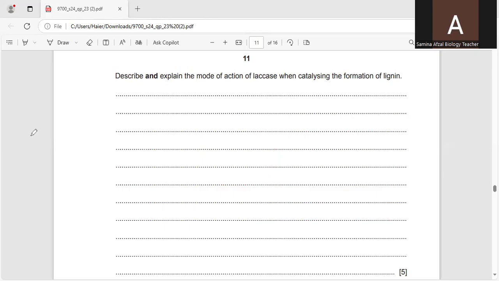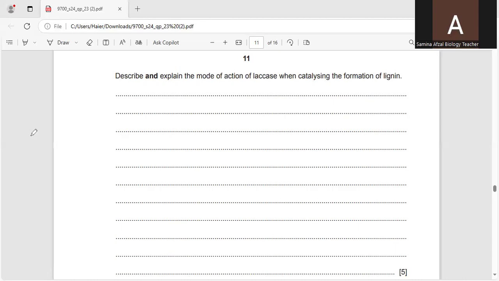And the picture you have seen, they have used the induced fit model according to which the enzyme will bring about changes in the shape of the active site when a substrate molecule or the lignin chain adjusts itself into the active site. So there will be the formation of enzyme substrate complex, and in this way the activation energy is lowered, and after the lowering of activation energy the formation of lignin will take place.